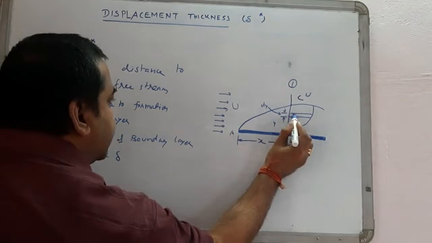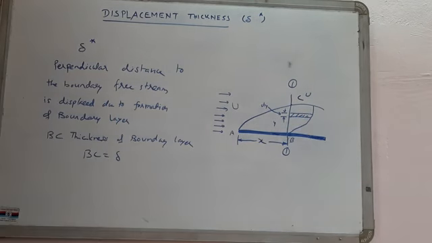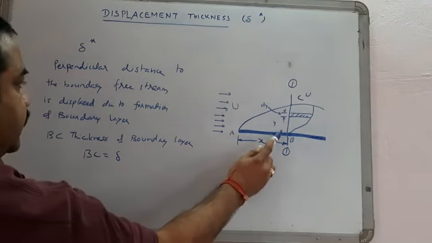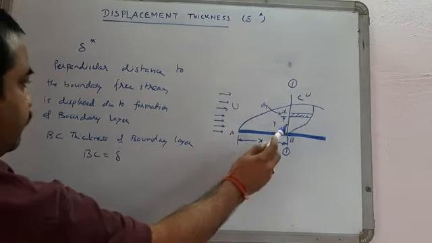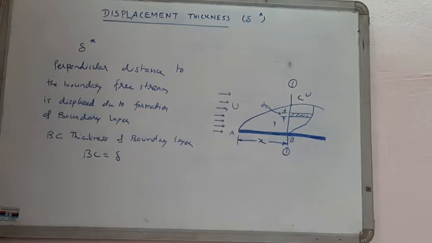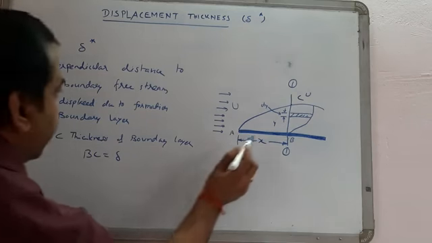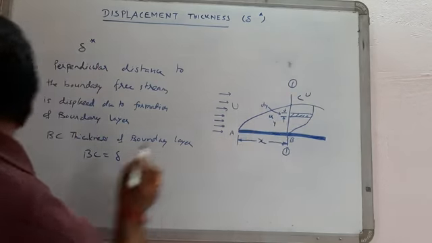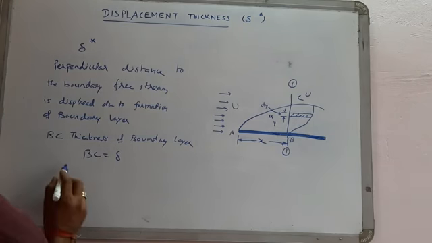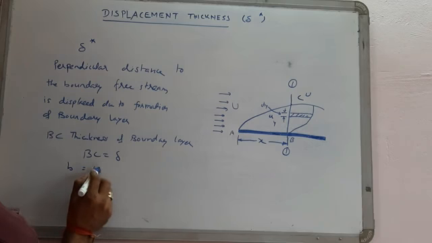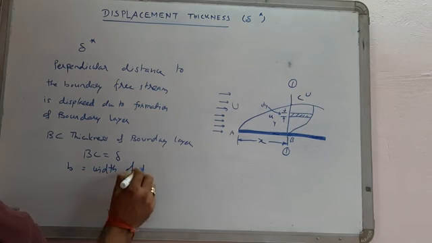Here y is the distance of the elemental strip from the plate, dy is the thickness of the elemental strip, small u is the velocity of fluid at the elemental strip, and b is the width of the plate.